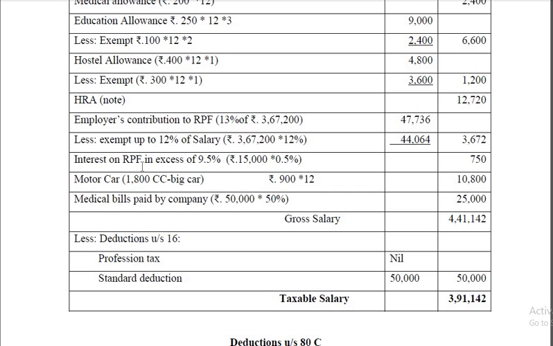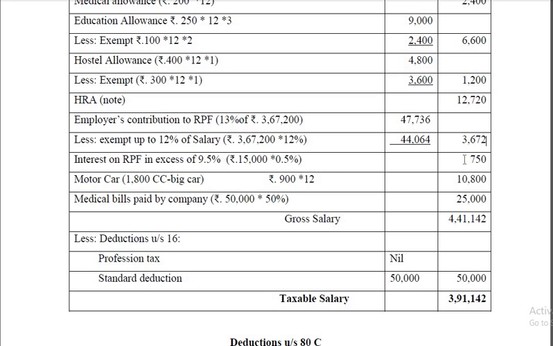Interest on recognized provident fund. Actually it is 10%, which means 15,000. But what is exempt? 9.5%. So 0.5% is taxable. What is 0.5% interest here? 15,000 into 0.5 divided by 10.